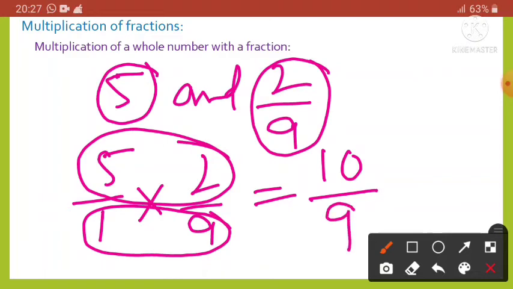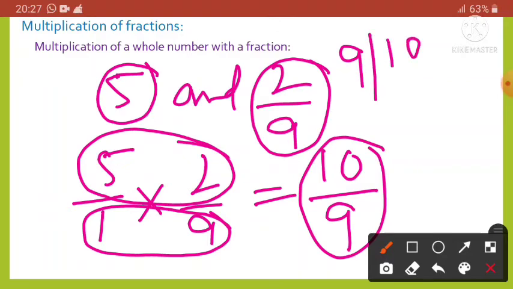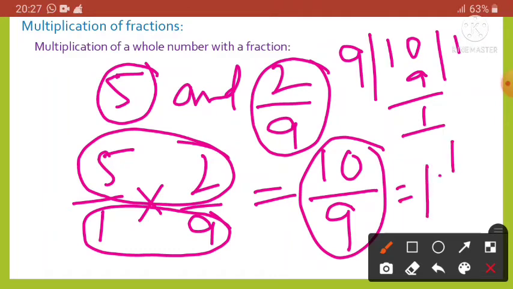So 10 by 9 is the answer. This is an improper fraction. If we want to convert it into a mixed fraction, it will be 1 and 1 by 9.